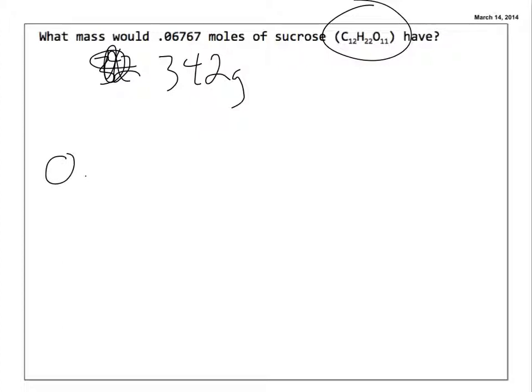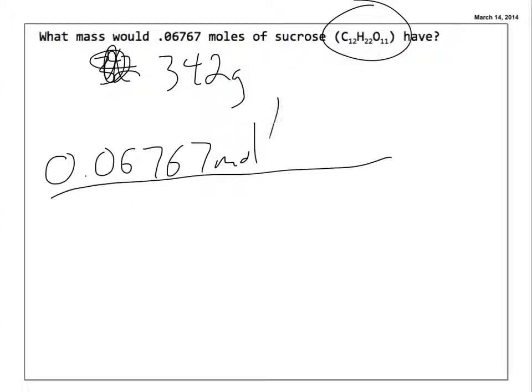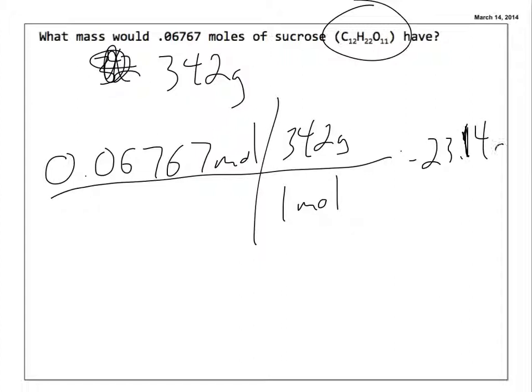So 0.06767 moles times 342 grams per 1 mole gives me a mass of 23.14 grams. 4 significant figures here, 4 significant figures in my answer.